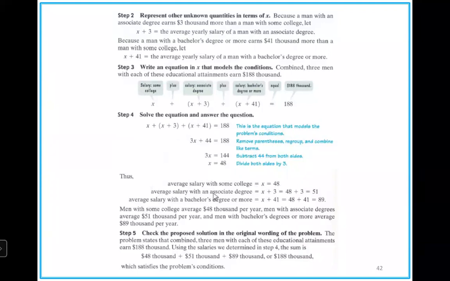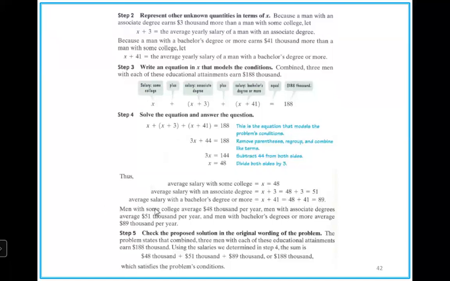The average yearly salary with an associate degree would be X plus 3, which would be 48 plus 3, because we worked this out to be 48, and he earns 3,000 more. And then the average salary with a bachelor's degree would be X plus 41. So since we got X to be 48, then it'd be 48 plus 41, which would be 89.